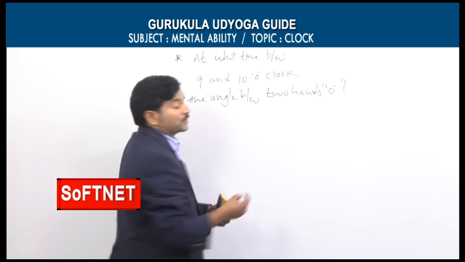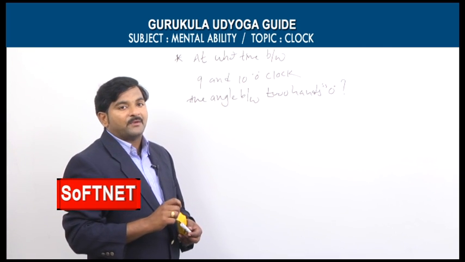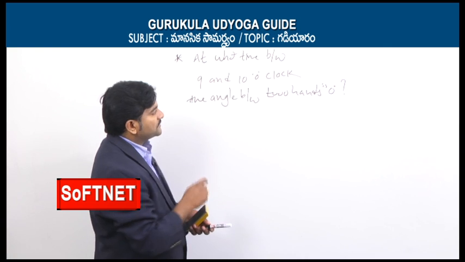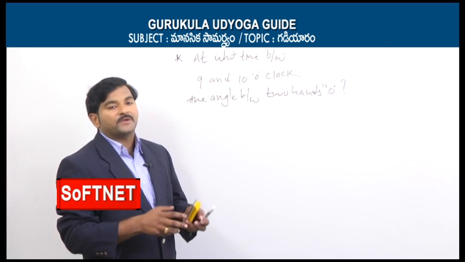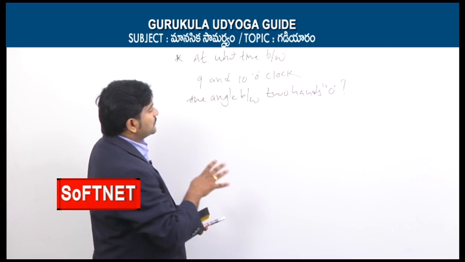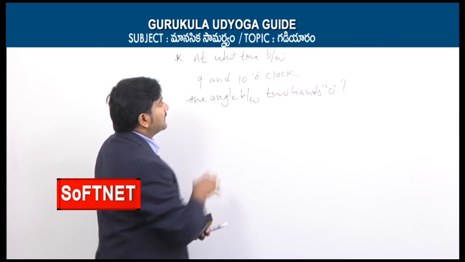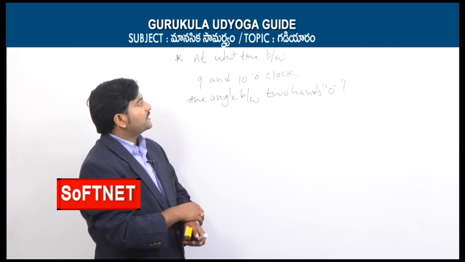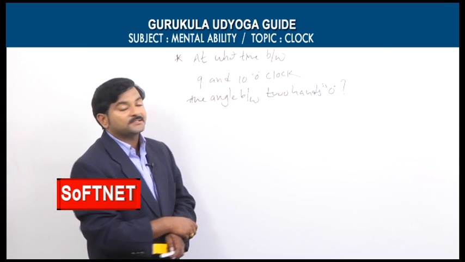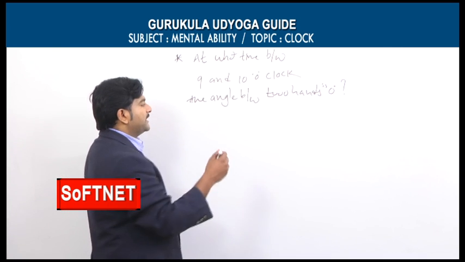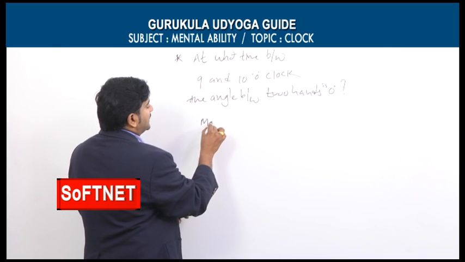That is the question. Same question I am asking in a different way. What was the previous question? At what time between 2 o'clock and 3 o'clock may the two hands coincide? That was the previous question. Now the same question I am asking in a different way. At what time between 9 and 10 o'clock is the angle between the two hands 0 degrees? So this can be solved by using the same formula again.